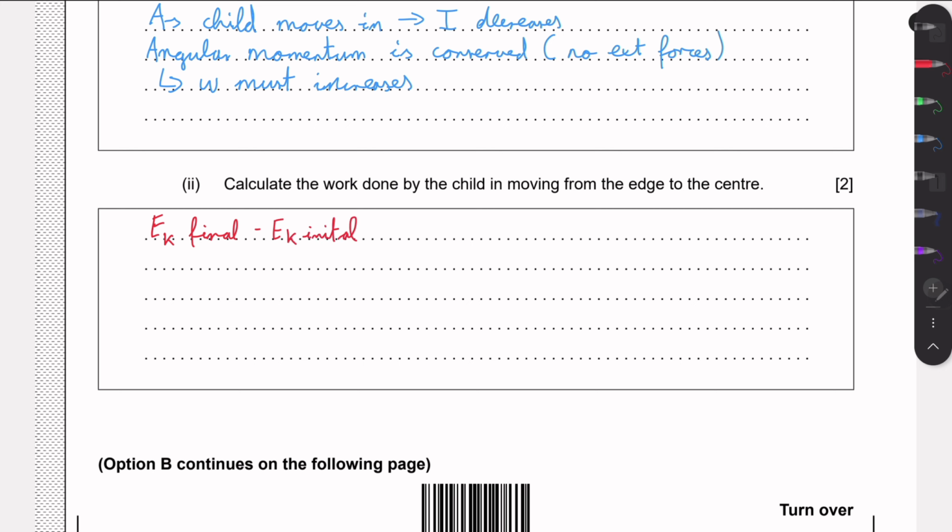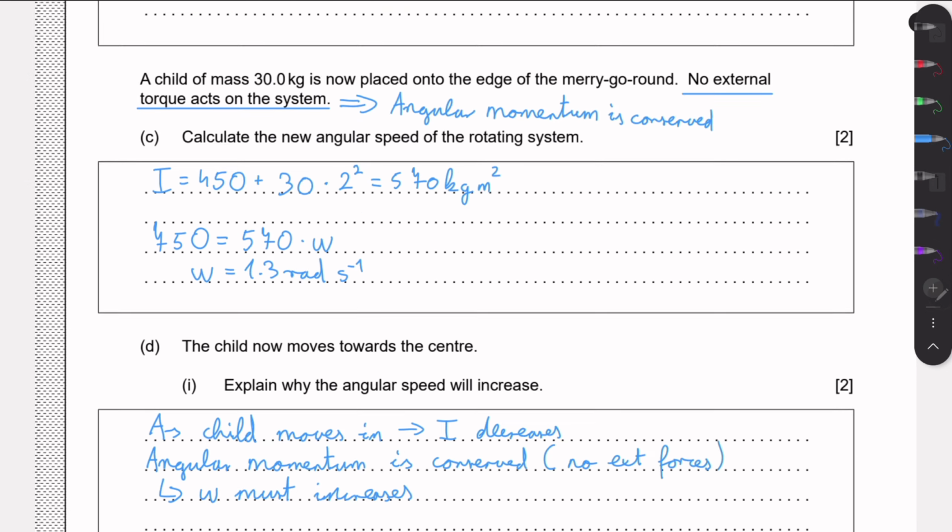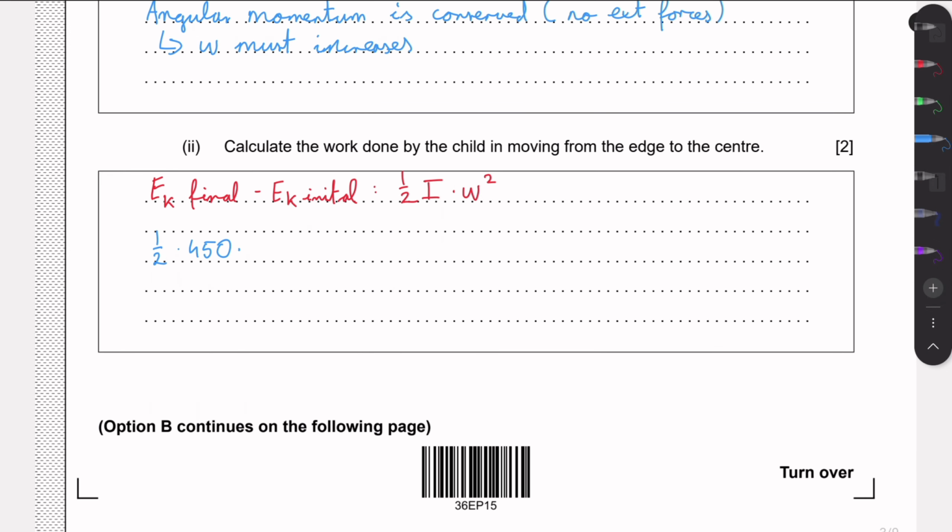These are all rotational energies, obviously, so we need to use the formula of 1/2 moment of inertia times angular speed squared. Our final is when the child is in the center. Then we have the original situation, so just 1/2 times the initial moment of inertia times the initial speed of 1.66 we calculated here. So if the child is in the center, it's like the child is not even there.